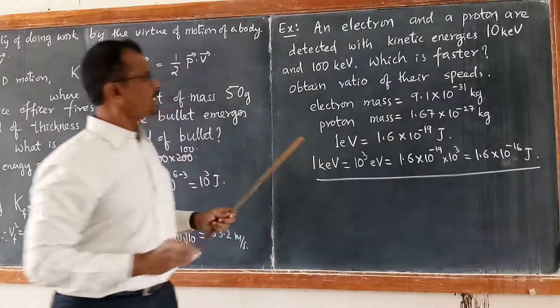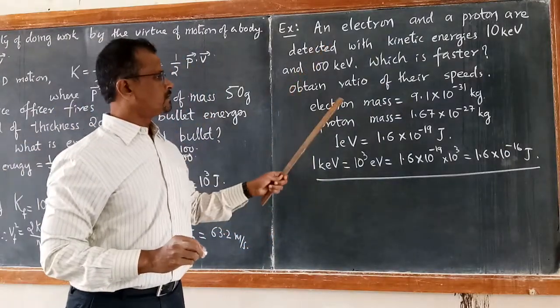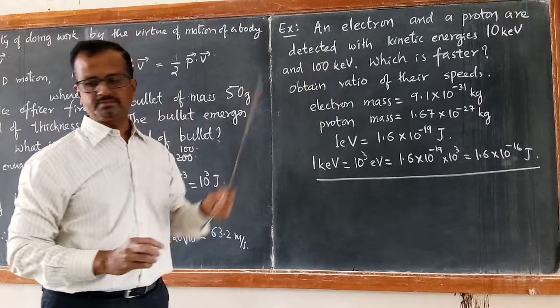Use this data to calculate the ratio of their speeds and find which one is moving faster.